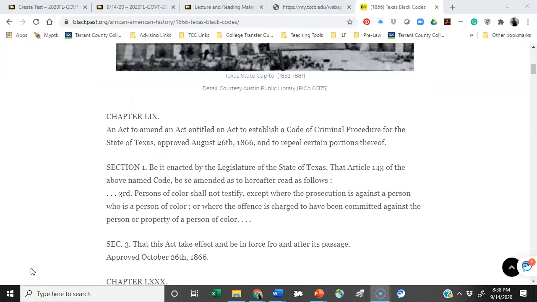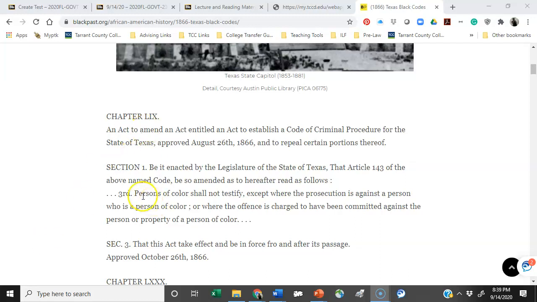Again, this was not unique to Texas. This was going on in many of the states that had seceded. They passed new constitutions and a series of laws designed to gain control and dictate what life was going to look like, primarily for people of color.